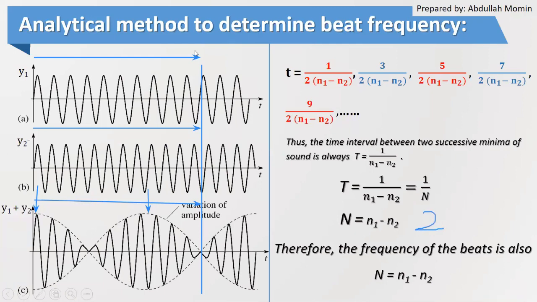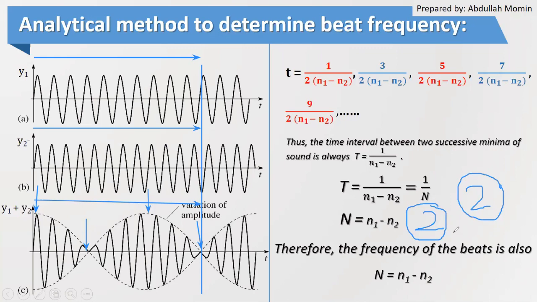Now how many wanes are we getting? How many points are we getting at which the amplitude is 0? This is a wane, this point is also a waning. So we are getting 2 waxings and 2 wanings in 1 second. So the number of waxings per second is 2, and the number of wanings in a second is 2.